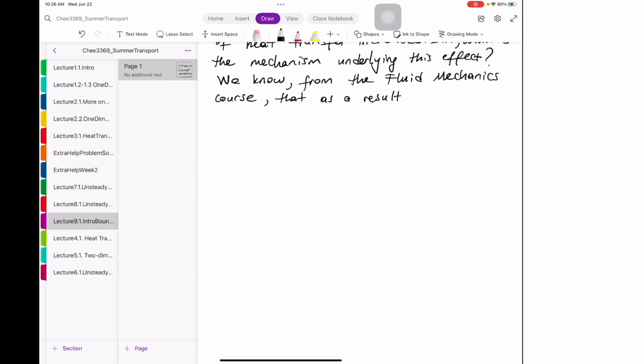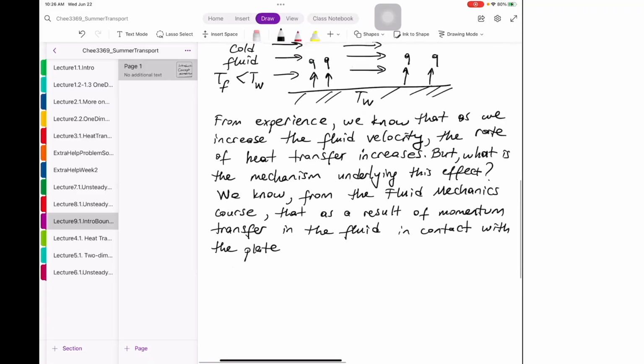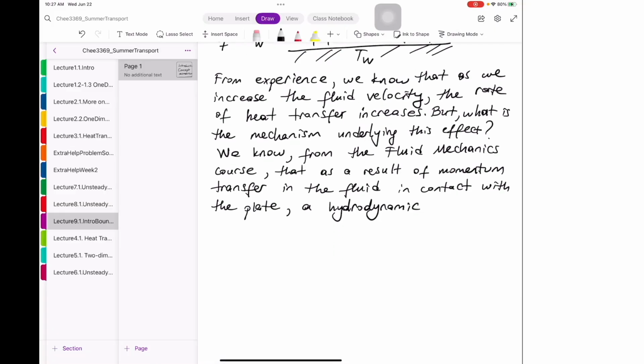As a result of momentum transfer within the fluid in contact with the plate, as in the schematics, a hydrodynamic boundary layer develops.